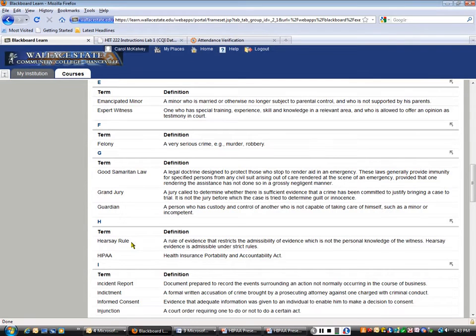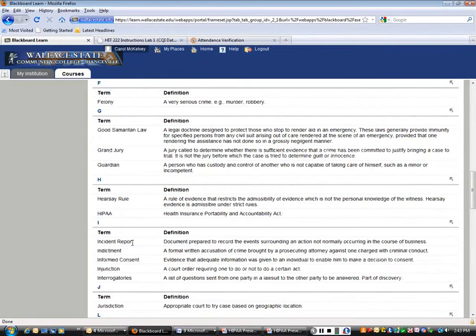All right. An incident report is a document prepared to record the events surrounding an action not normally occurring in the course of business. We've covered incident reports before, and we said how important it was that they're completed, but how very important it is that they are not put on the medical record as a permanent part of the record.